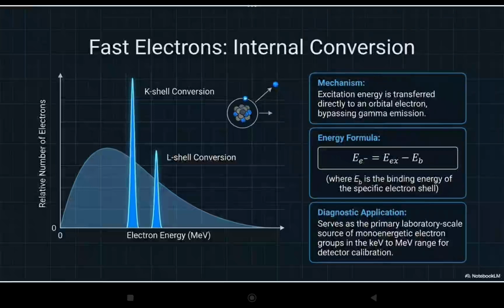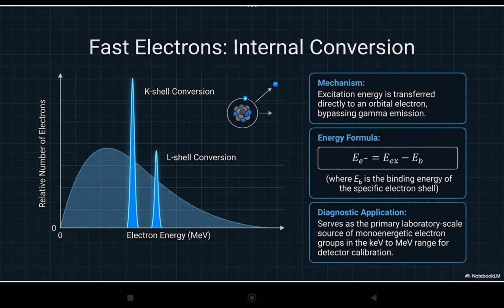Internal conversion is another important way to generate fast electrons. But here, the mechanism is different from beta decay. Instead of emitting a gamma ray first, the nucleus transfers its excitation energy directly to an orbital electron. That electron is then ejected with a discrete energy determined by the nuclear transition energy minus the binding energy of the electron shell.